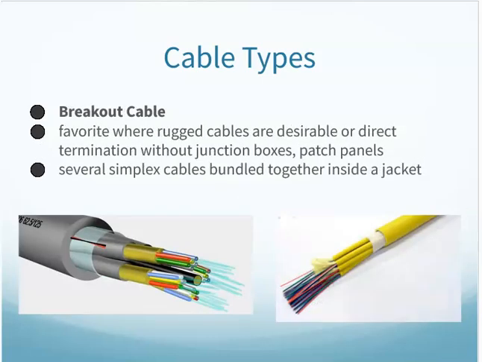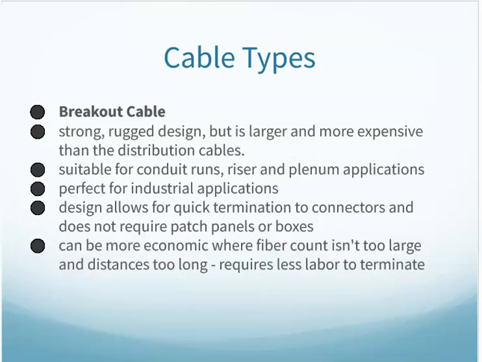These can get terminated right to junction boxes or patch panels. Rugged design, suitable for conduit, industrial applications, quick terminations, and this could be economical. This can be more economical where fiber count isn't too large and distances aren't too long, but it's going to require more labor to terminate.